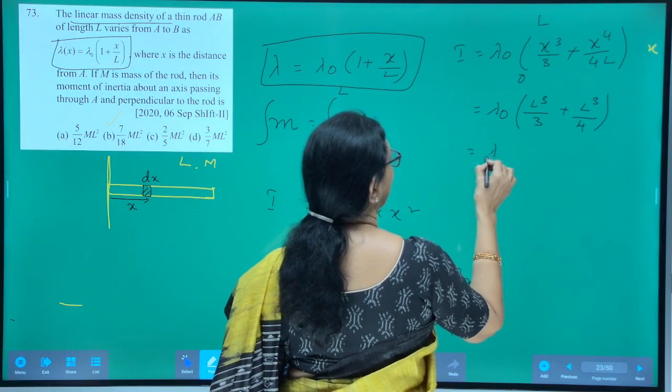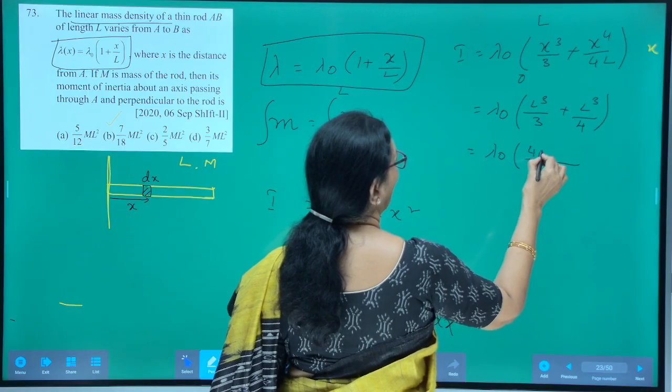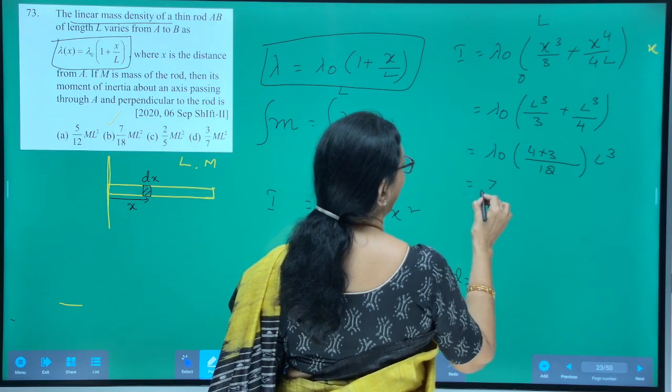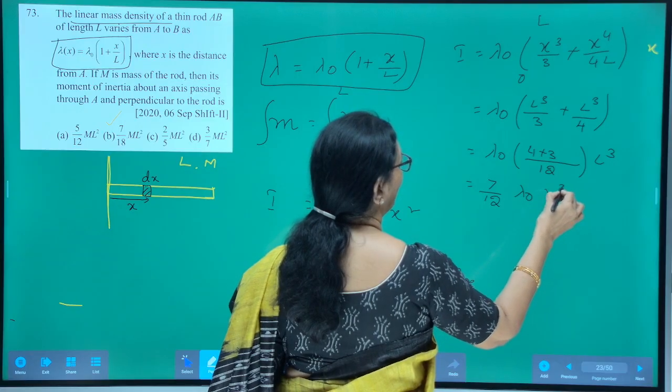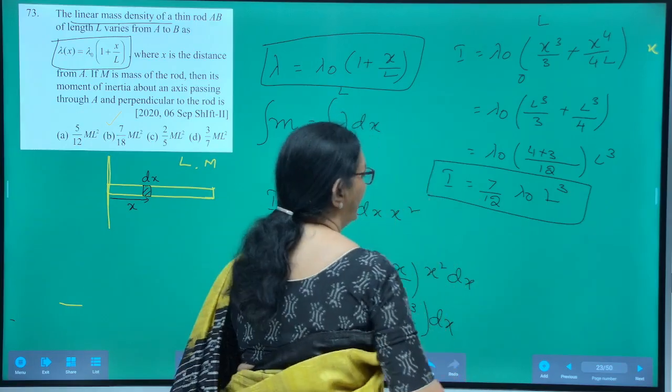If you take 12 as LCM, 4 plus 3 into L cube. So, 7 by 12 lambda naught L cube is the moment of inertia in terms of lambda naught.